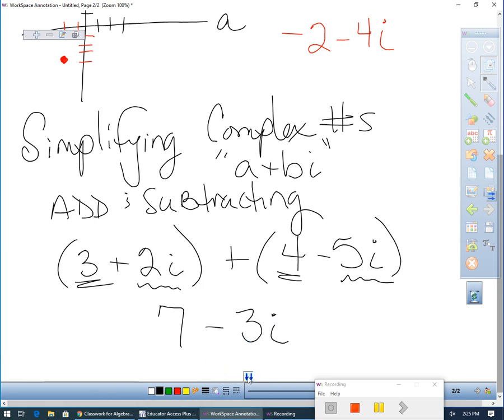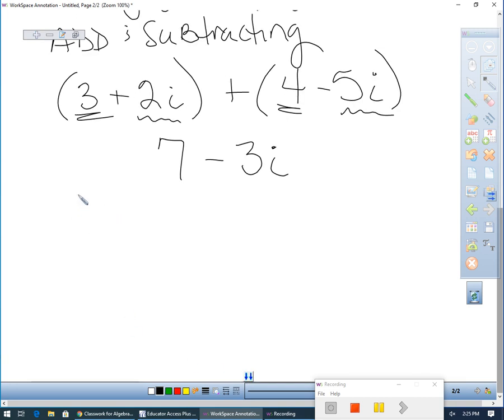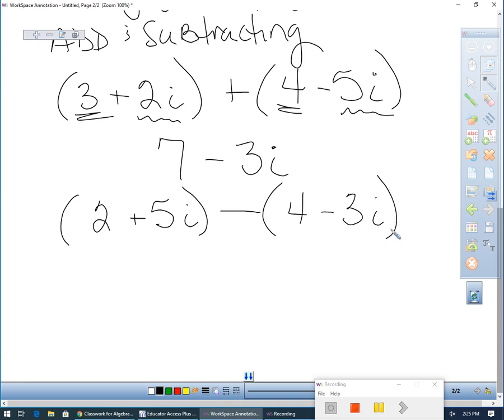Alright, subtracting them. Let's say I have 2 plus 5i minus 4 minus 3i. This time I have a negative in the middle. What do I have to do with that negative? Distribute it. Very good, Megan. We got to distribute it. So the first one's going to stay 2 plus 5i. I'm going to distribute a negative 1 through that parenthesis.